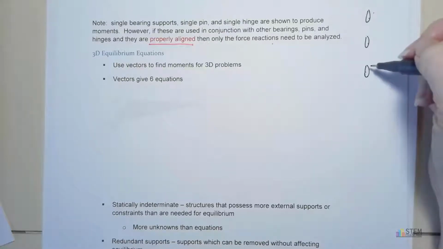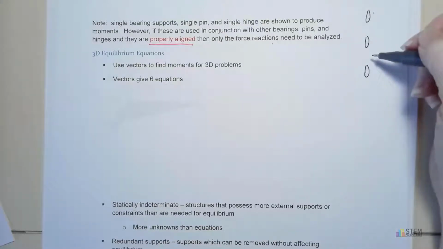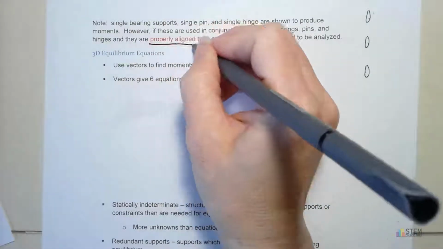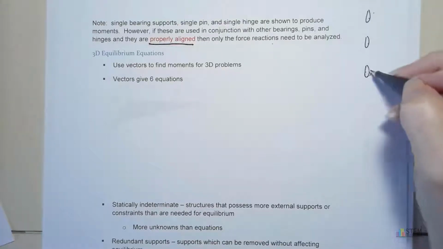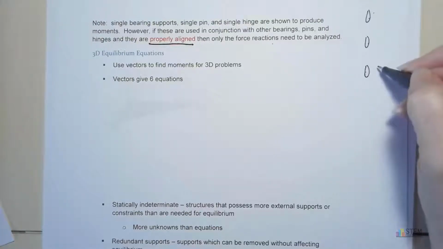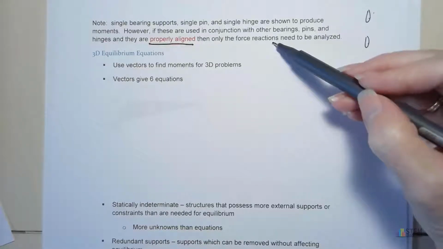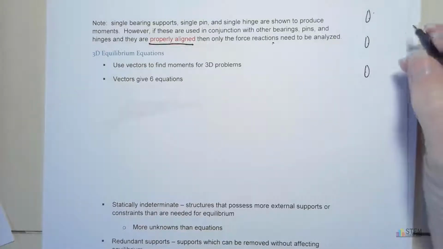So because of that, we can say it's properly aligned, which is what we have got underlined right here. And when we say it's properly aligned, that basically just tells you you only need to look at the force reactions. And that's just because the supports all work together to prevent any sort of rotation. So that's what it means if you see properly aligned. If you see that, you just look at the force reactions. You don't need to look at the moments produced.